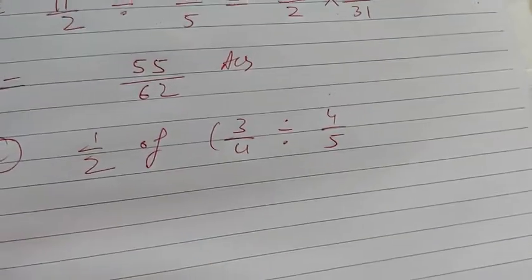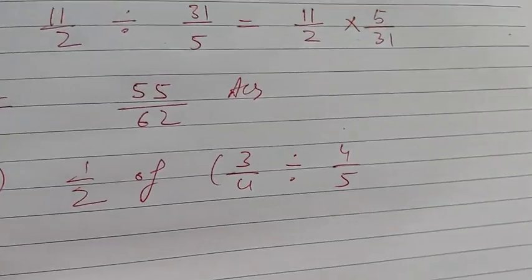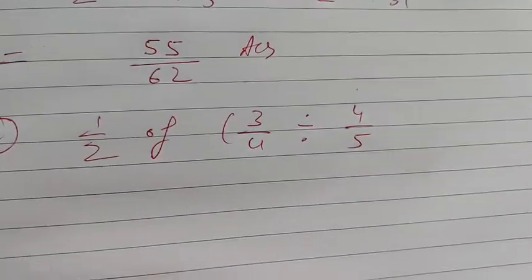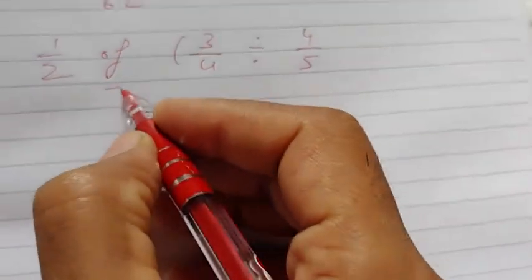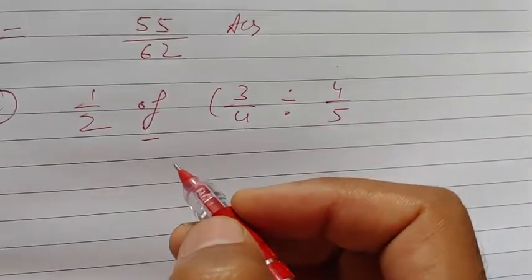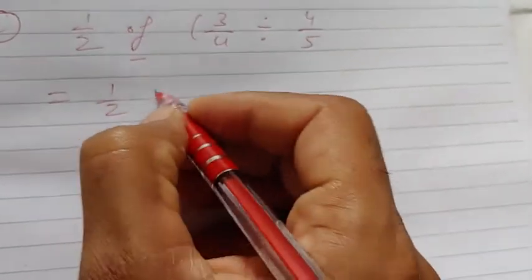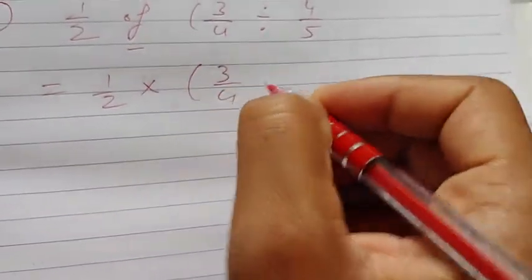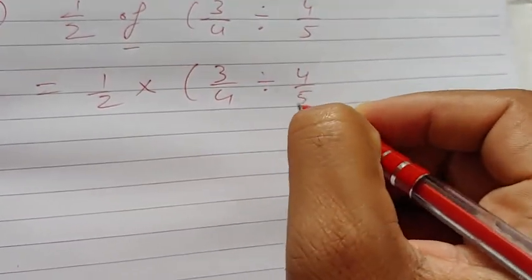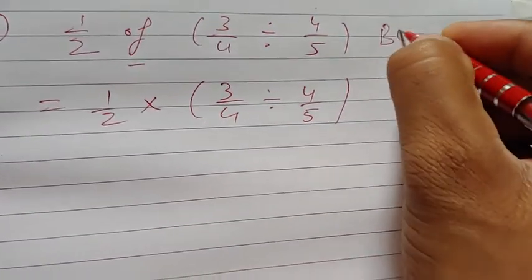Then it is not very difficult. First of all, we have to see the meaning of "of". The meaning of "of" is to multiply. We can write it here as 1 by 2 cross 3 upon 4. Here we will follow the BODMAS rule.